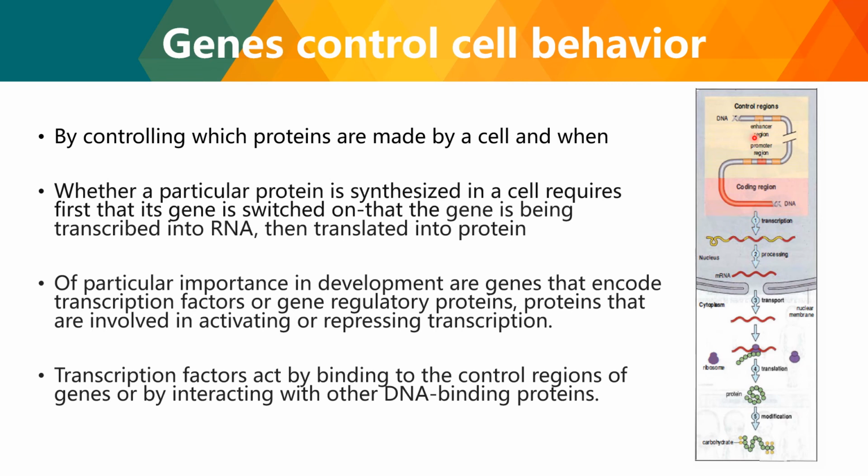So the promoter region is the site at which RNA polymerase binds and starts transcribing. And then the enhancer regions may be thousands of base pairs distant from the promoter. And transcription of the gene into RNA may either be stimulated or inhibited by transcription factors that bind to promoter and enhancer regions.